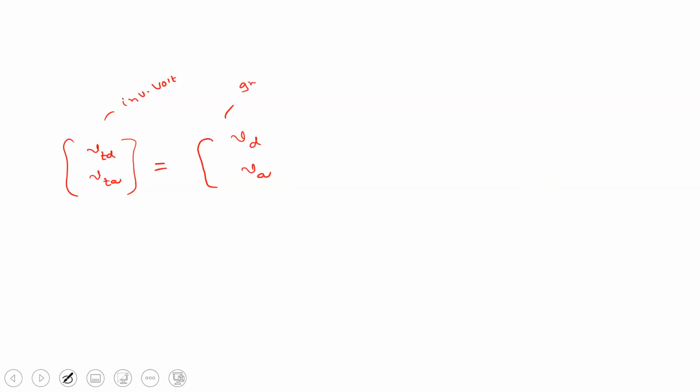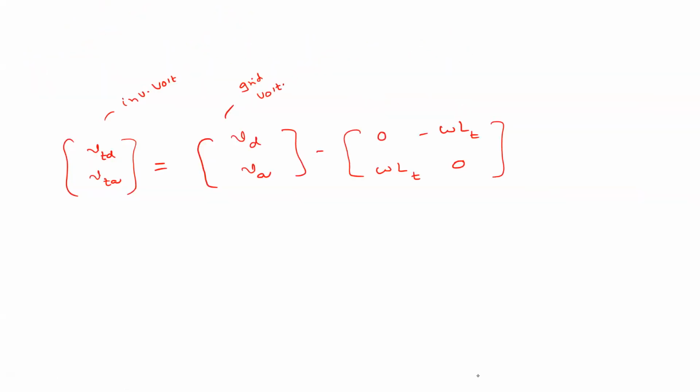These are the grid voltages. Minus of, this is 0 minus omega LT and this is omega LT 0, right? Here it may be 0 or it may be your RT value.